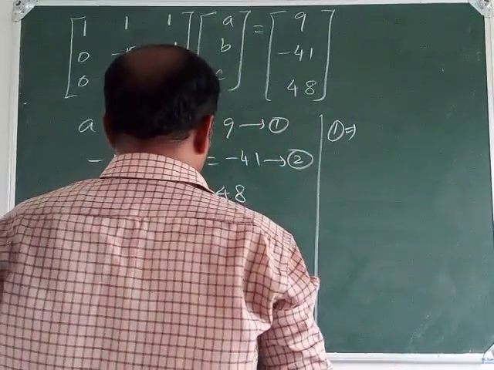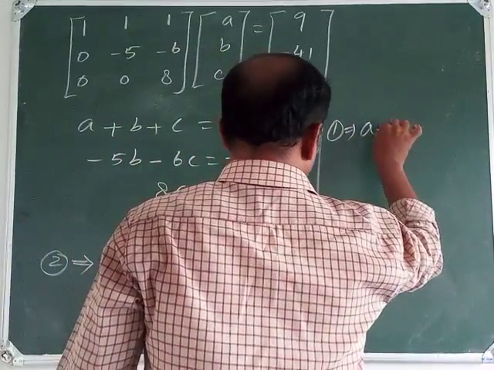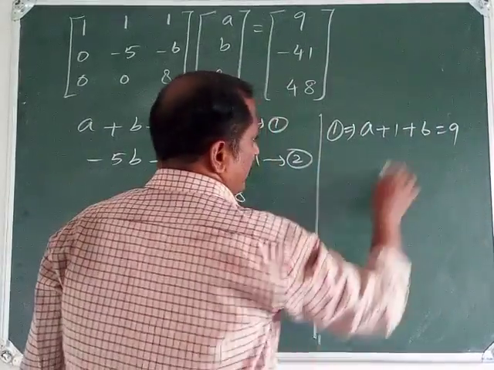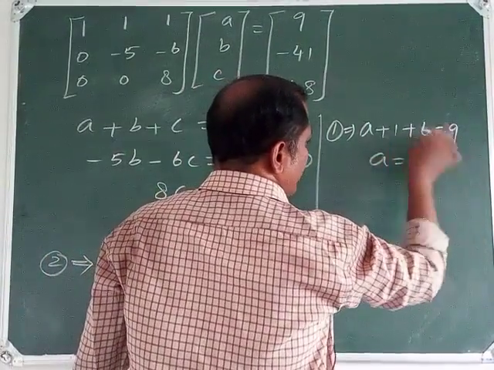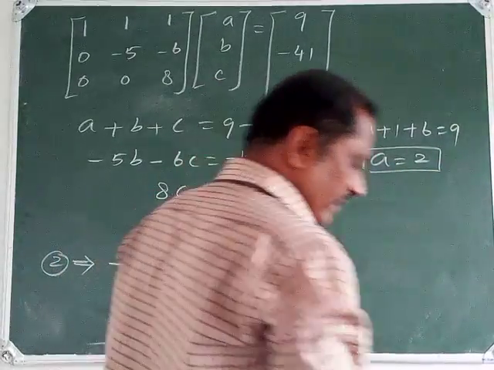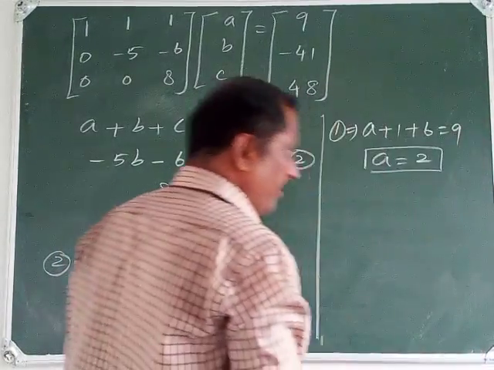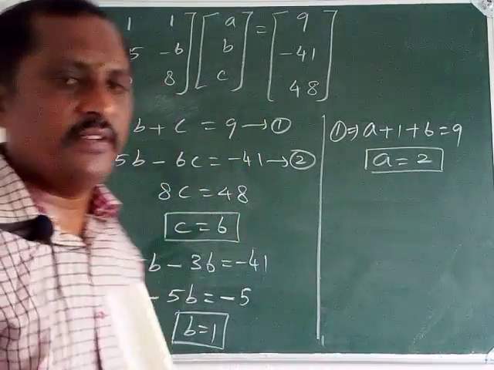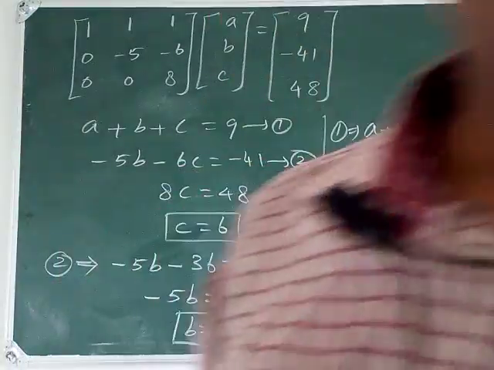First equation is A plus B value 1 and C value 6 is equal to 9. So 6 plus 1 is 7. 9 minus 7, answer 2. Find the A, B, C answer. So the A value 2, B value 1, C value 6.